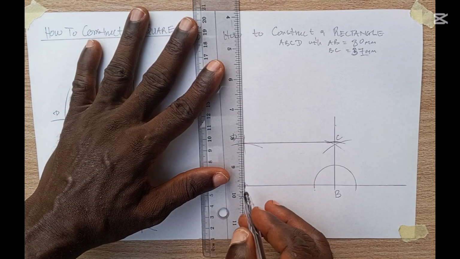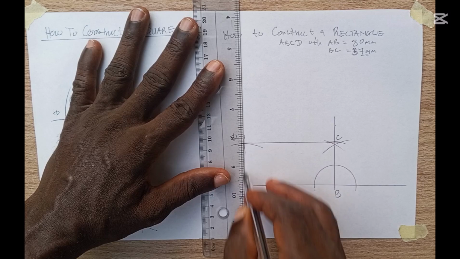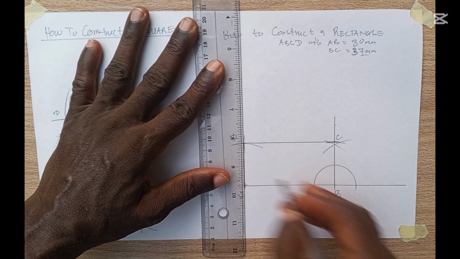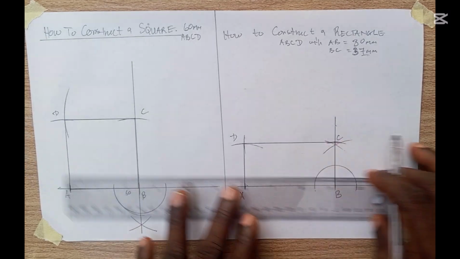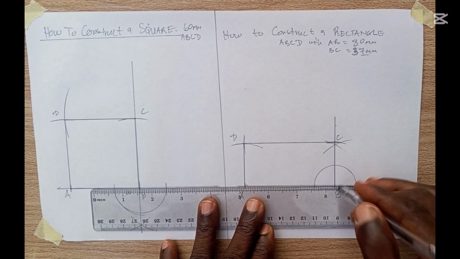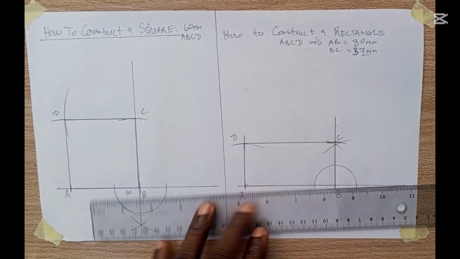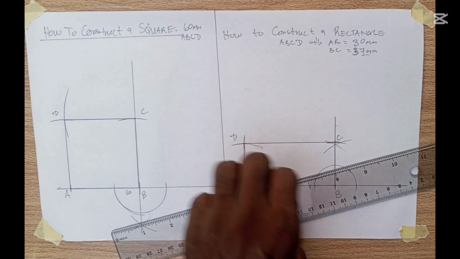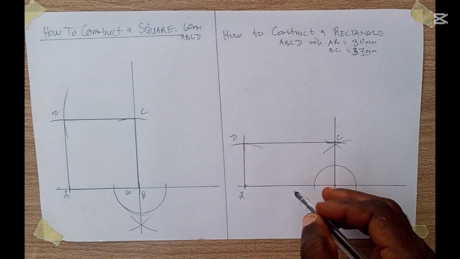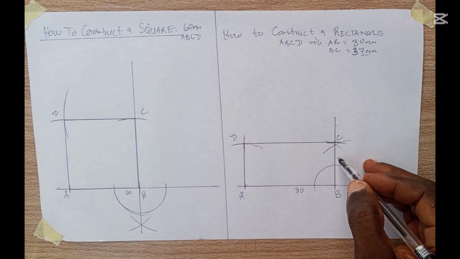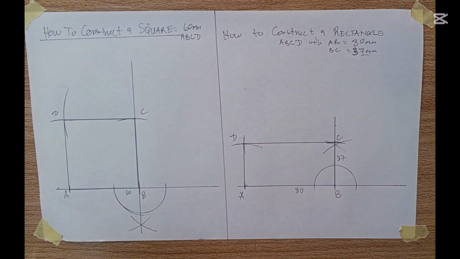D to A. Bring out your outlines beautifully. So if you are writing an external exam, this is how to go about it. So this is the required rectangle we are asked to draw. Here was 80 and here was what? 37. Good.